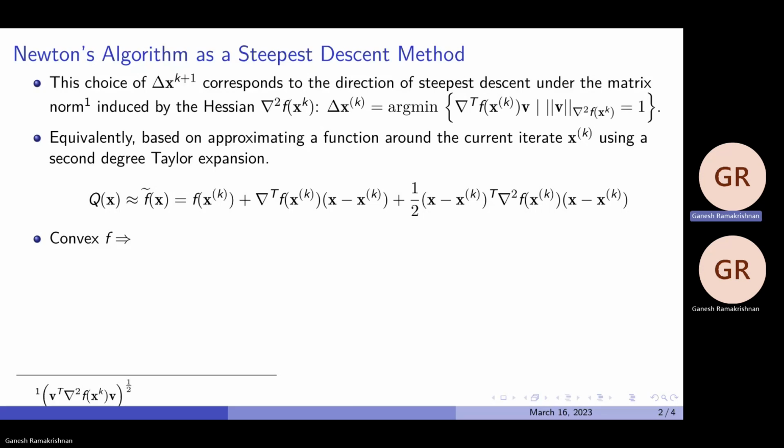So what happens if I set this gradient to 0? What will I get? Gradient with respect to x. You should get f(xk) from here, plus, or is it minus, plus?